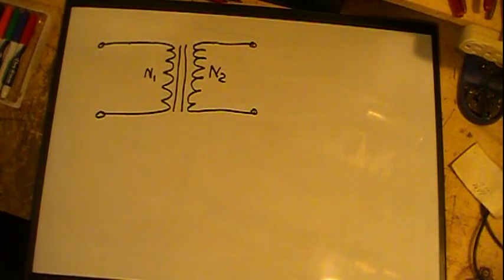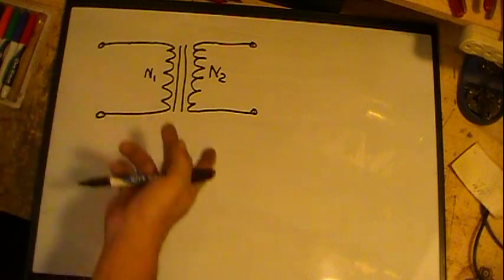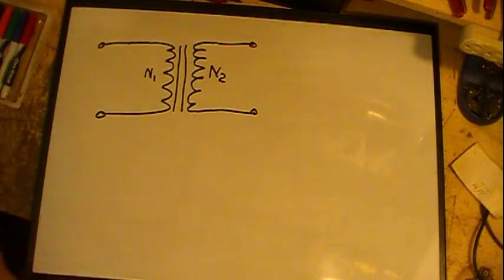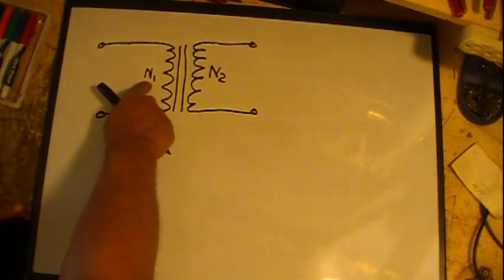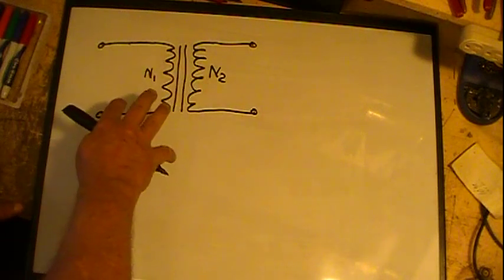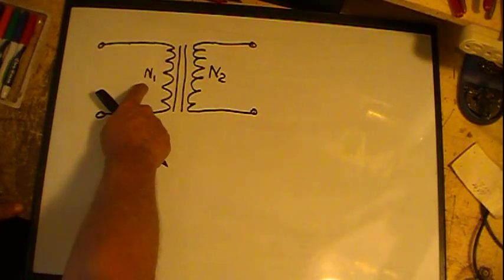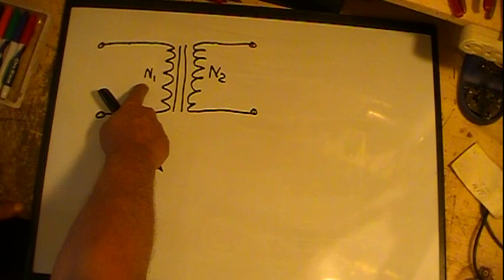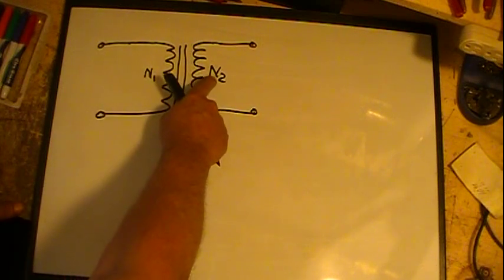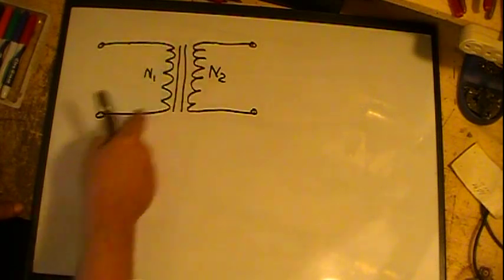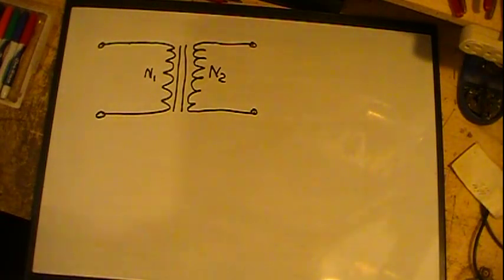Step up, and you can have just the reverse as a step down. But right now, not establishing numbers, it's N1 for the number of turns in the primary winding, N2 for the number of turns in the secondary winding.